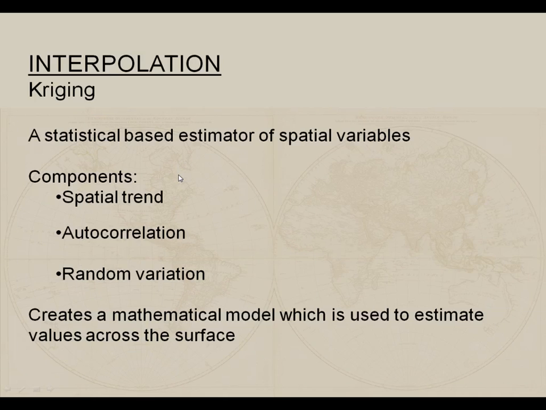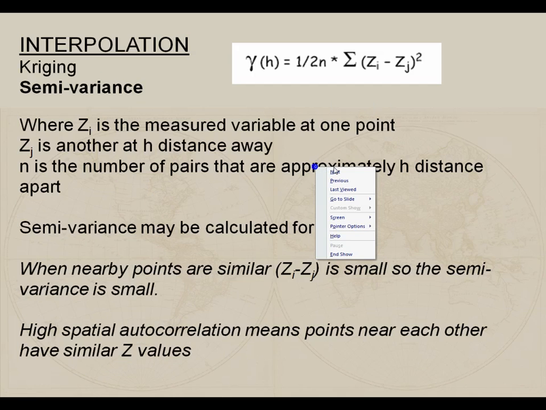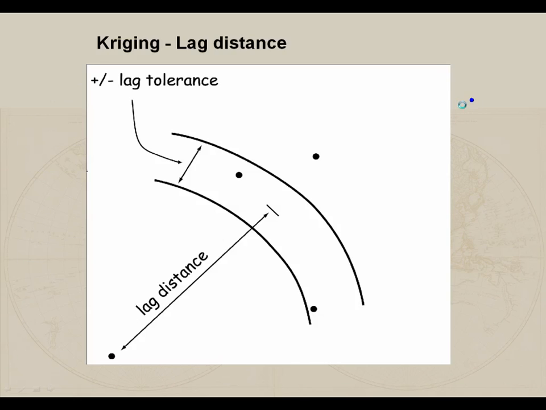In the process of Kriging, the key starting point is this idea of lag distance. The first thing you do in Kriging is take the points. I'm not doing anything about my estimated points at this time. I'm just dealing with my sample points, and I measure the distance between all my sample points. I put these distances together into a lag distance.